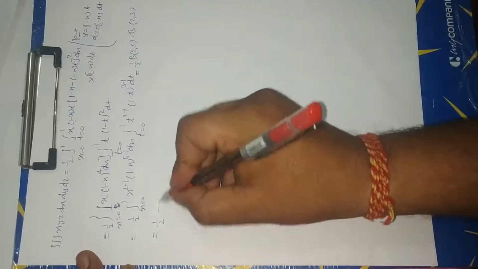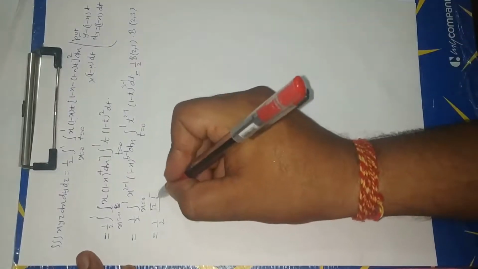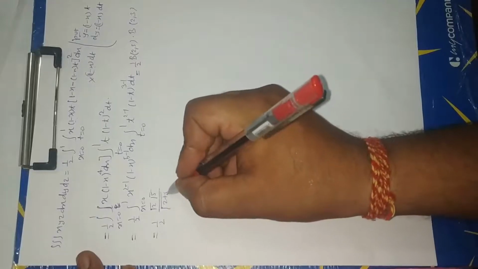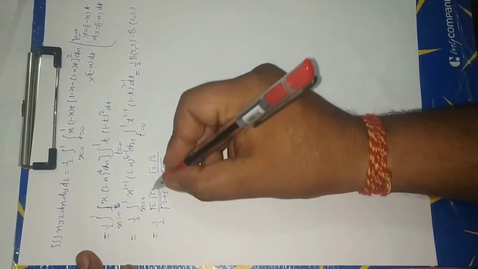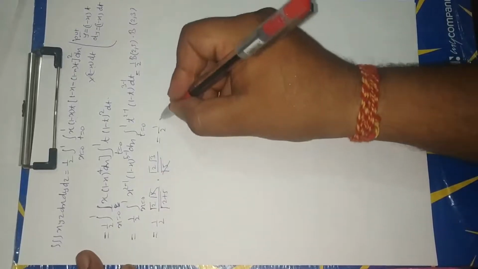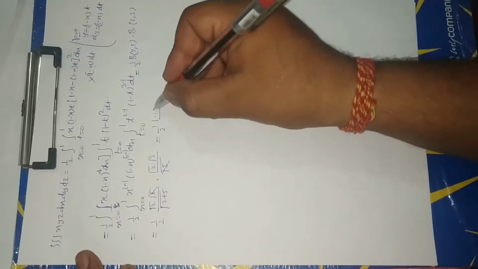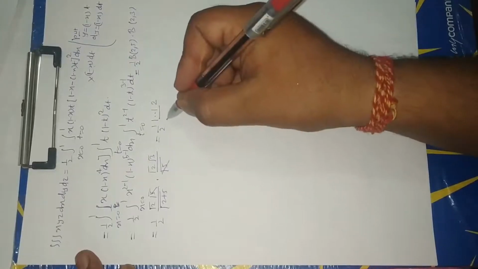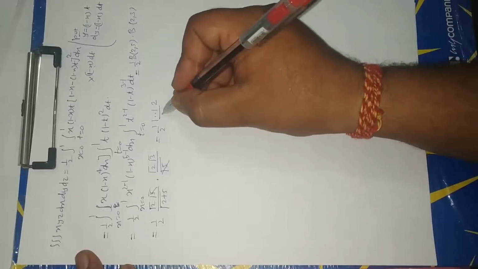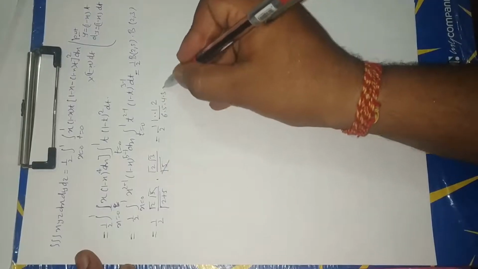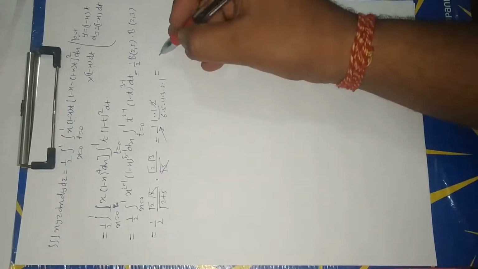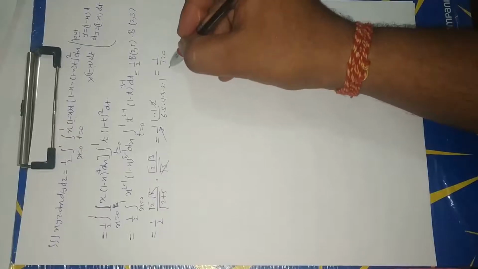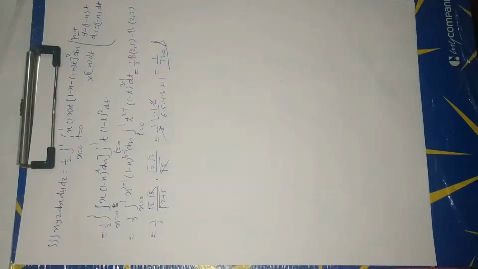This is equal to 1 upon 2, gamma 2 gamma 5 upon gamma 2 plus 5 into gamma 2 gamma 3 upon gamma 5. This cancels by this, and 2 cancels by this. This is equal to 1 upon 720, that is 1 upon 720 is the answer.